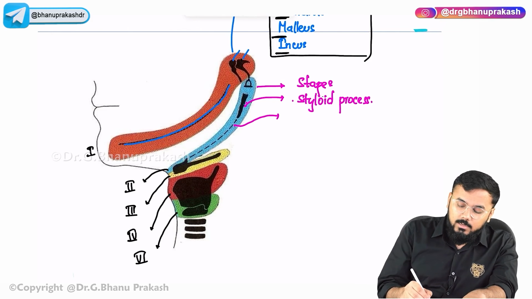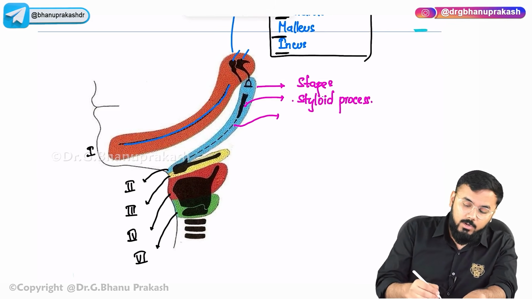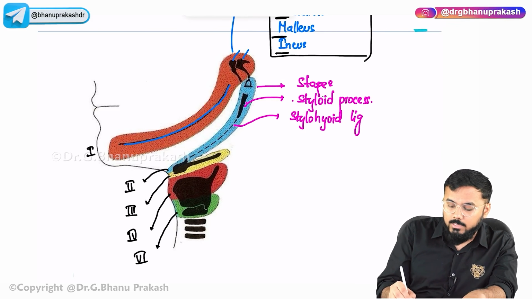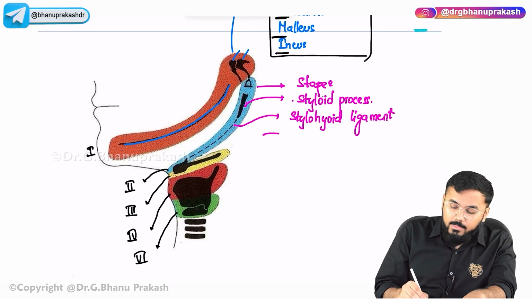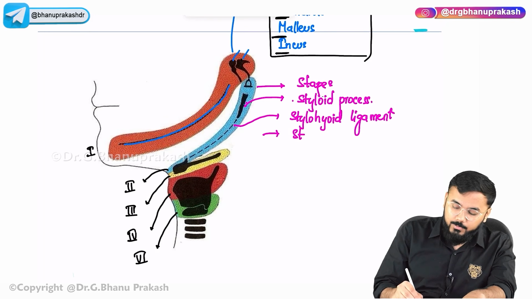So from the styloid process, you see a ligament that is going and attaching to the lesser horn of hyoid bone. This is called stylohyoid ligament. What ligament is this? Stylohyoid ligament.